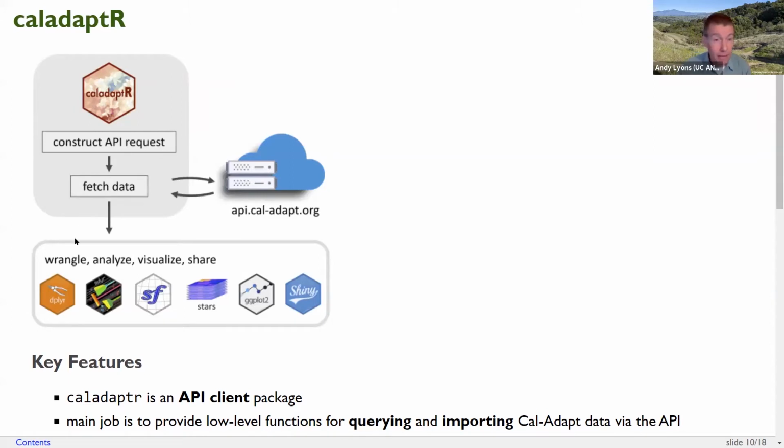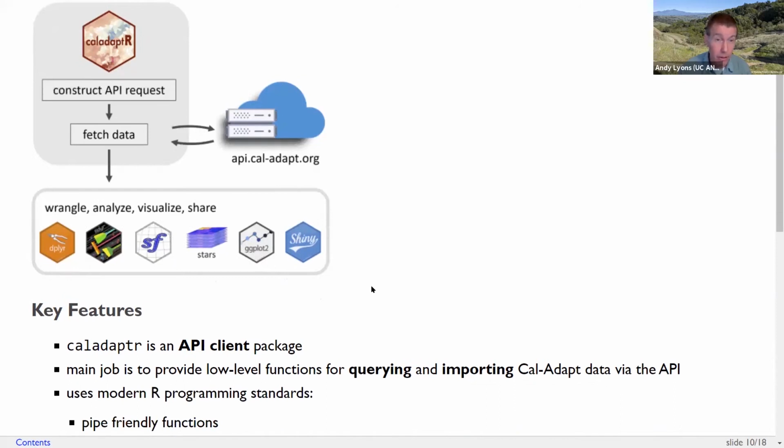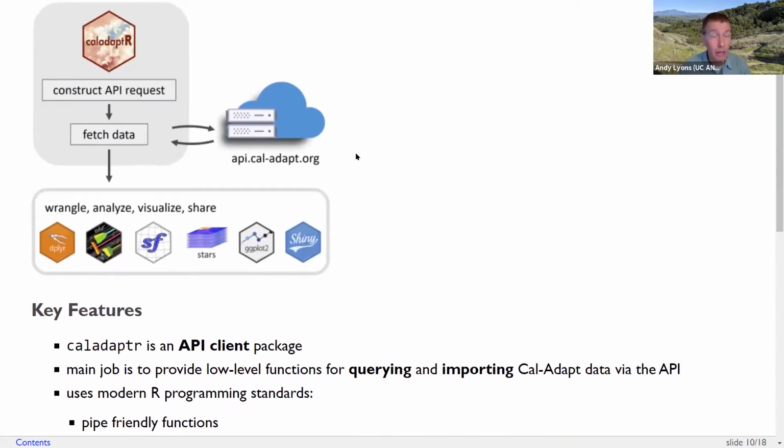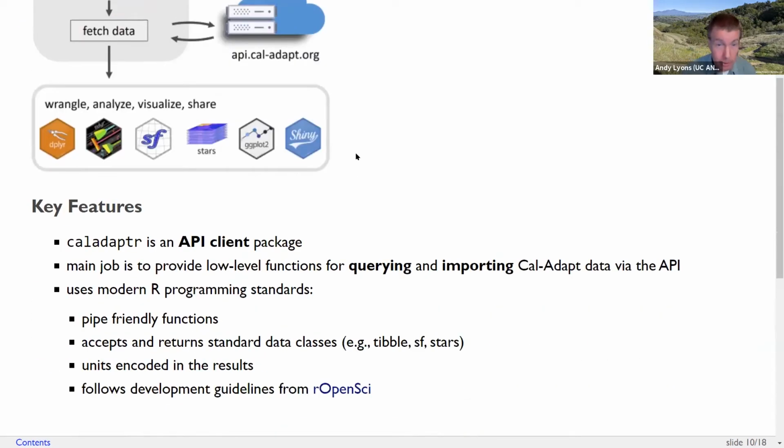And then once that's done, you turn to other libraries, other packages, to do what you need to do next. Maybe wrangle the data, analyze it, and so forth, right? So the package itself really only does one small thing, but that's an important thing: getting data into R as painlessly as possible.